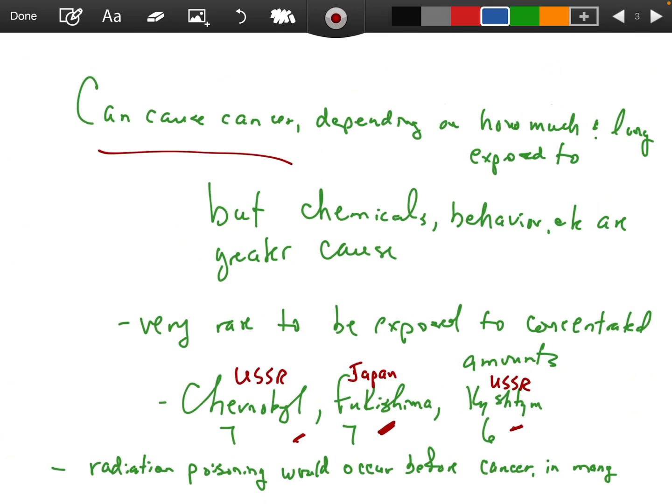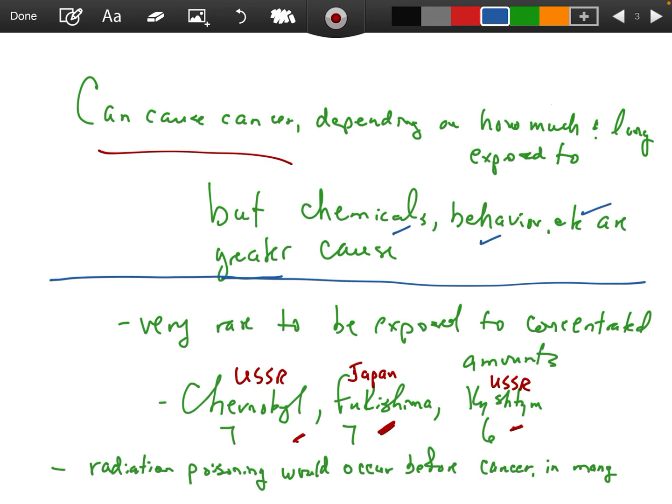Now, it can cause cancer depending on how much and how long you're exposed. So when we think of radiation, we often say, well, it can cause cancer, but it rarely does. Chemicals, your behavior, smoking, drinking, your genetics, all of these are greater causes of cancer. So it's very rare to be exposed to a concentrated amount of radiation.